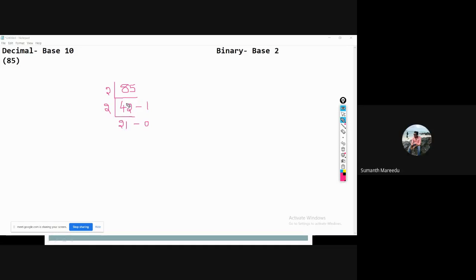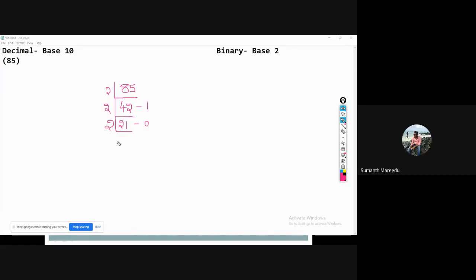You divide the number with 2. Why dividing this 42 with 2? LCM or division? Not LCM, just division. Divide 42 with 2. How many times can you divide it? 21 times, and finally the remainder is 0.